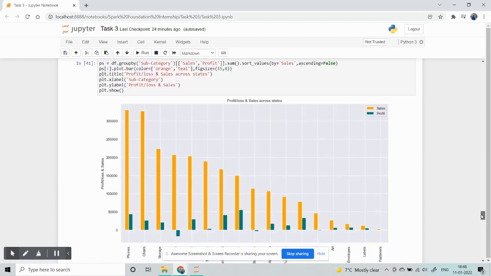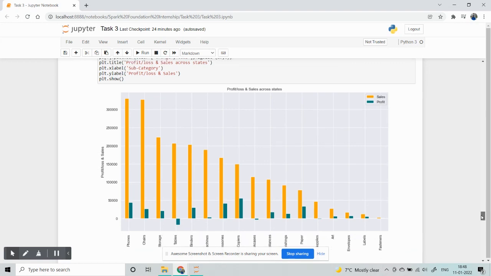Next, we're looking at profit and loss versus sales, and we can see that there is a negative profit, that is a loss, for tables, while for phones and copiers, the profit is high.